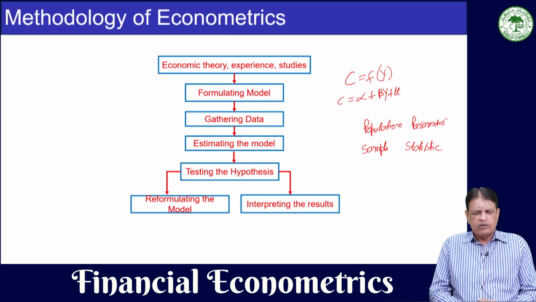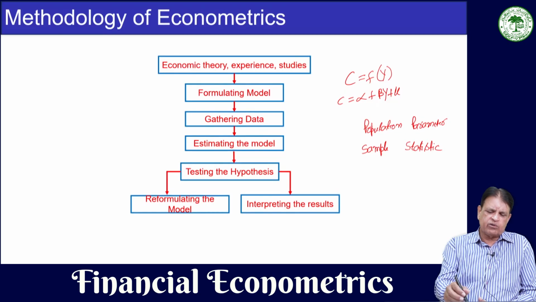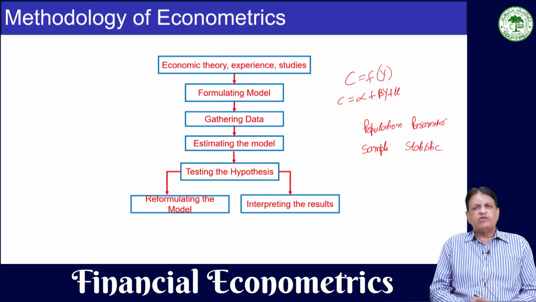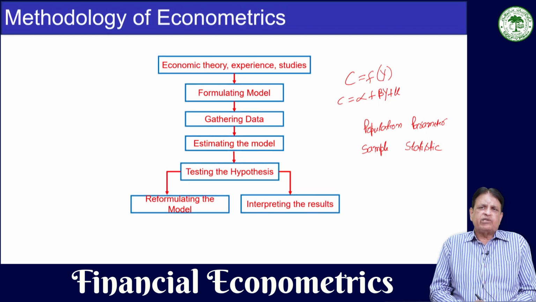Then, in the light of these results, we may reformulate our model. That is, we go back to the formulation of the model. It means we have committed some error, something is wrong.